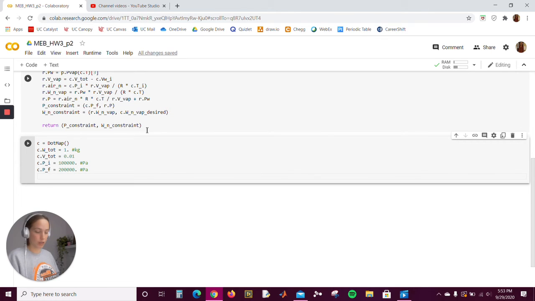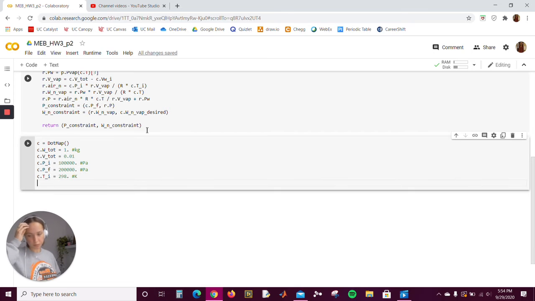And then our initial temperature was 298, which again is room temperature in kelvins. Okay, so there's all of our given information from the problem itself.